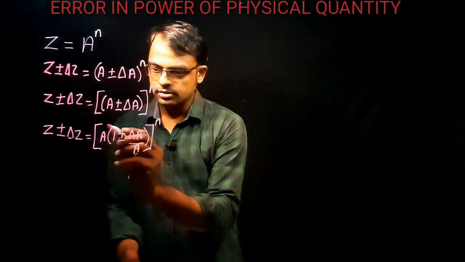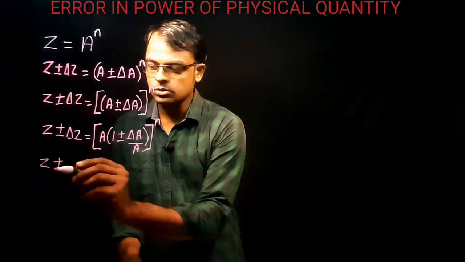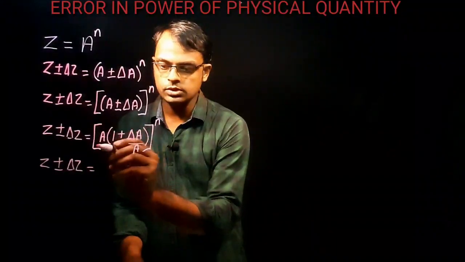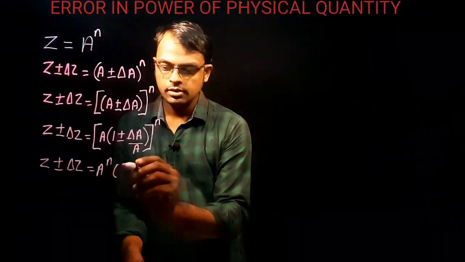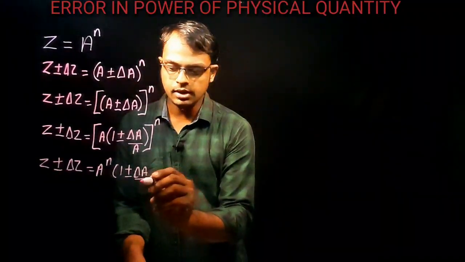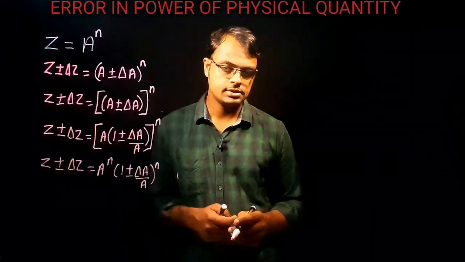Once again, if you remove the square bracket, I can write z plus or minus delta z is equal to a to the power n into 1 plus or minus delta a by a, all to the power n. Can we write like this? Yes.